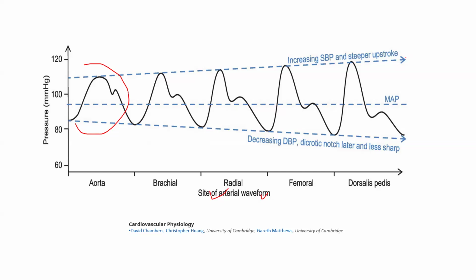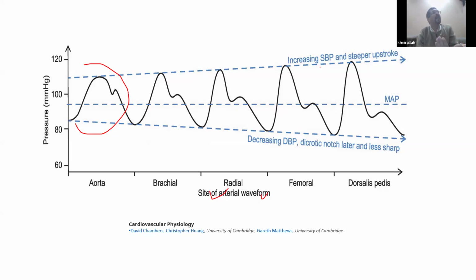Yes, it's increasing. This is called peripheral augmentation of the pressure, or you can call it peripheral amplification of the pressure, whatever you call it. So this is important, and this is due to the reflected wave and the augmented pressure due to that.